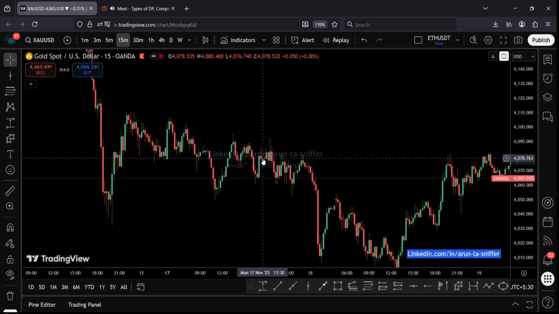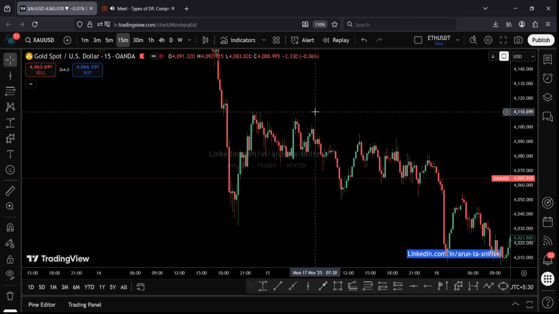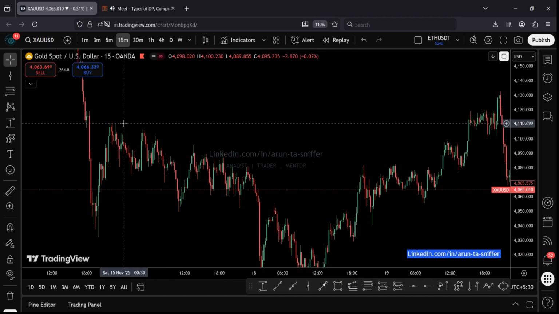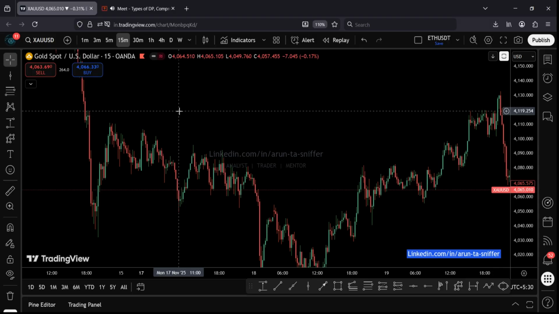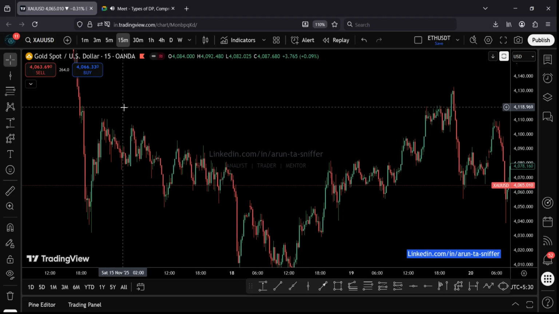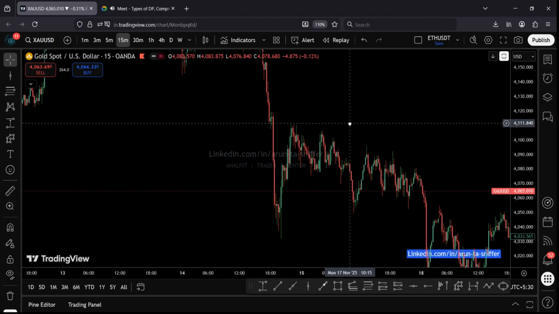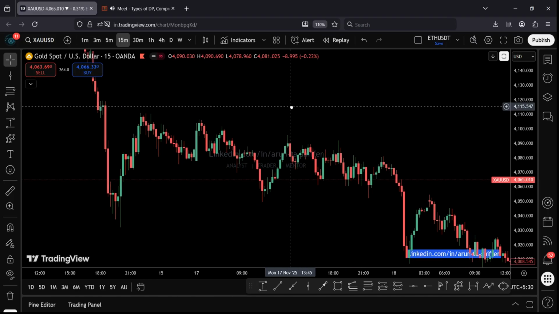Look, focus here, right? Okay, focus here.